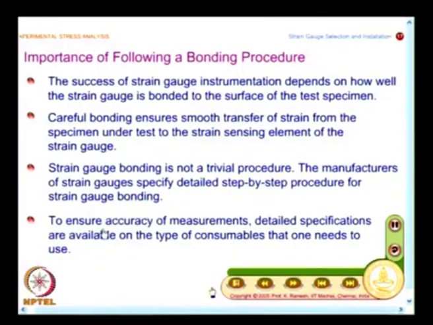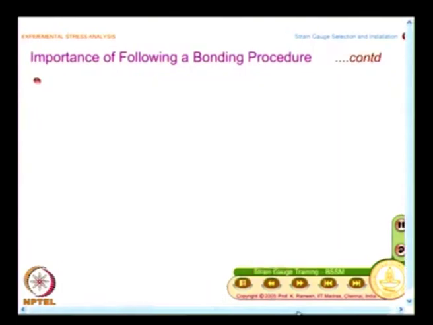To ensure accuracy of measurements, detailed specifications are available on the type of consumables that one needs to use in surface preparation, bonding, etc. So, it is not trivial, and you have to follow the recommendation.